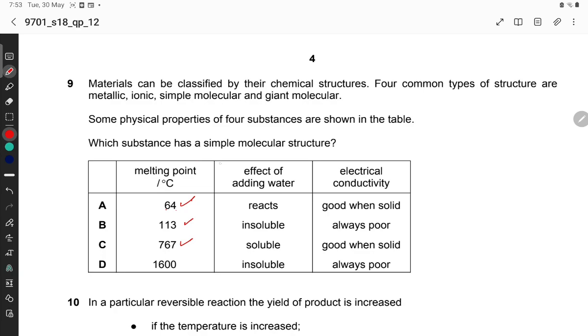Which substance is a simple molecule? These two are simple molecules.